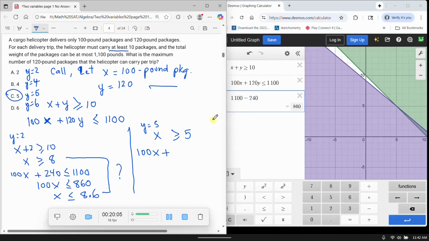You minus 600 from 1100, and you get 100x less or equal to 500. Divide both sides by 100, x less or equal to 5. And look at that: x needs to be greater or equal to 5, and x needs to be less or equal to 5. So x needs to be equal to 5. That's the only choice. So y equal to 5, x equal to 5.